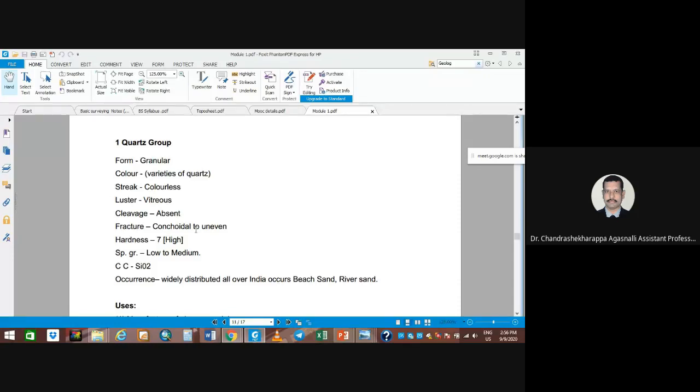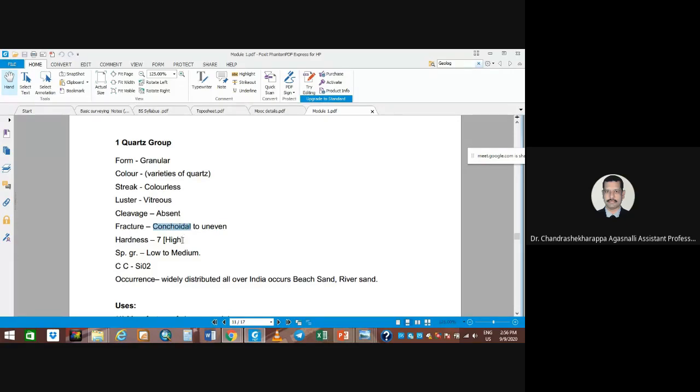When you break the minerals, they may break in an uneven shape. Okay, there will not be any perfect shape. So some minerals in the quartz itself show conchoidal fracture. That's just like a circle, or it may be just like a vase type of shape forming there. Okay, and hardness is 7, it's high.